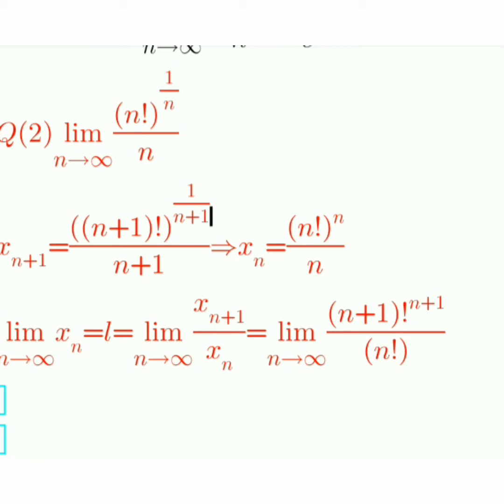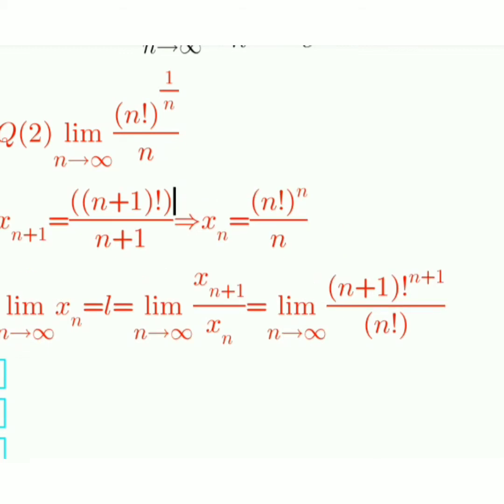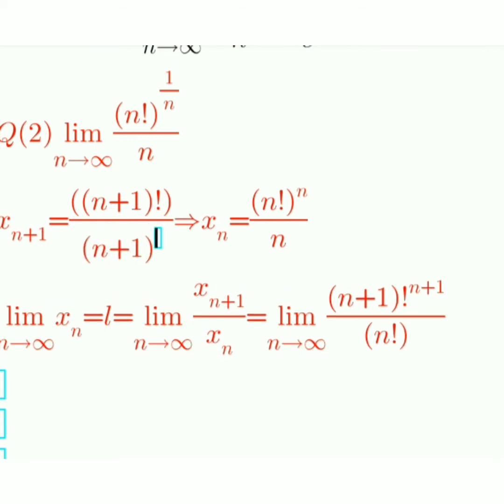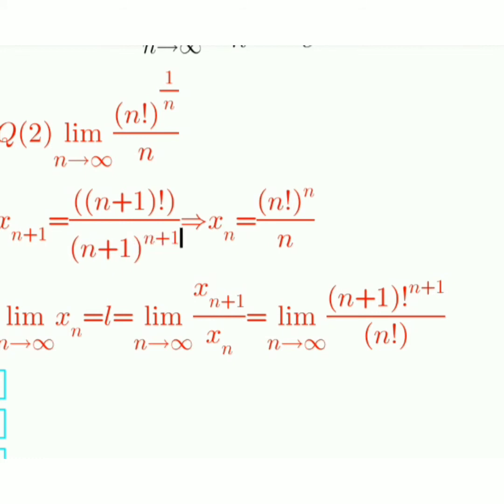It should be (n factorial) whole to the power, this is x_{n+1} means (n plus 1) factorial. It can be written this way, (n plus 1) whole to the power n plus 1.